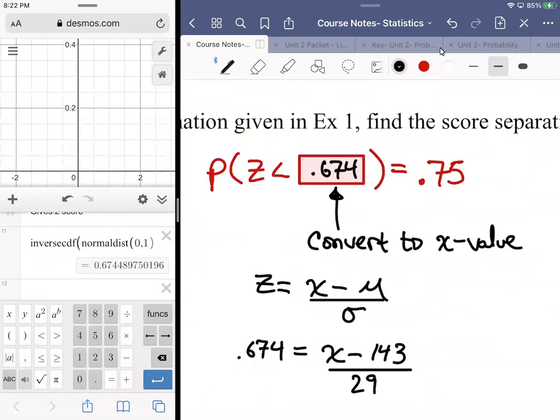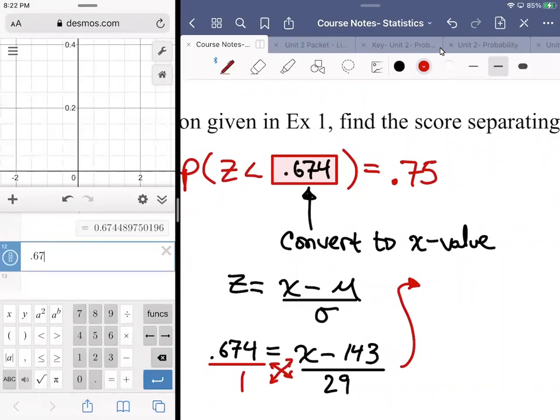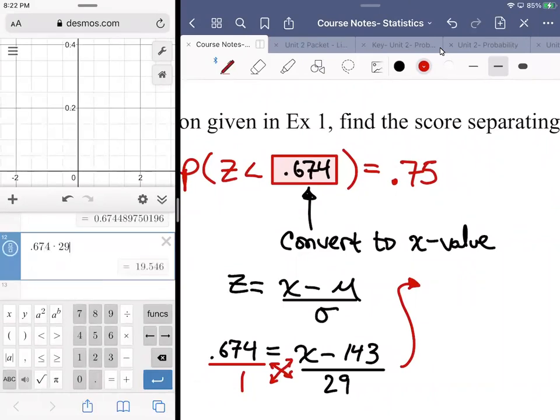All right. So then I can cross multiply. All right. So put that 0.674 over a 1. Some people like to convert that to a fraction. They're kind of a small segment of the population that like to do that, but there are some. All right. So I would do 0.674 times 29.